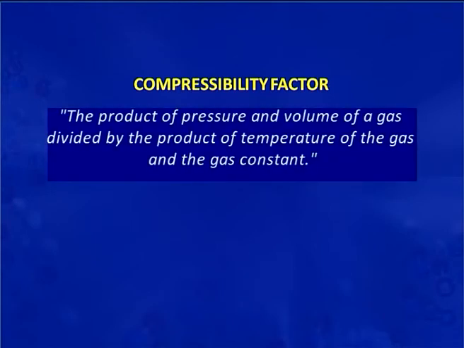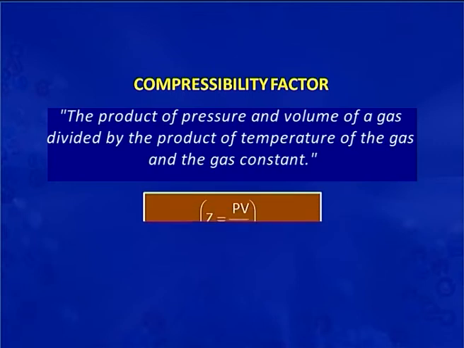Now, a very convenient method of showing the deviation for real gas is in terms of compressibility factor. Compressibility factor is defined as the product of pressure and volume of a gas divided by the product of temperature of the gas and the gas constant. It is represented by Z, and Z = PV/nRT.